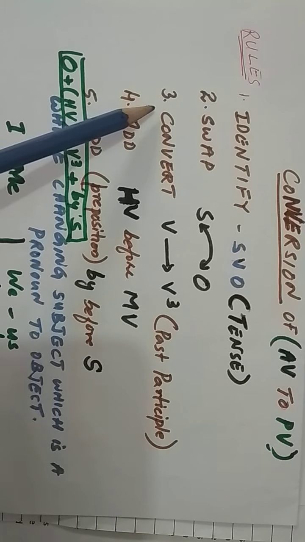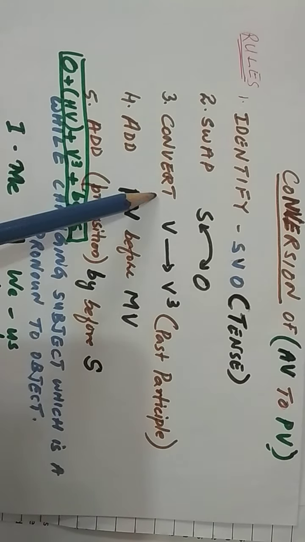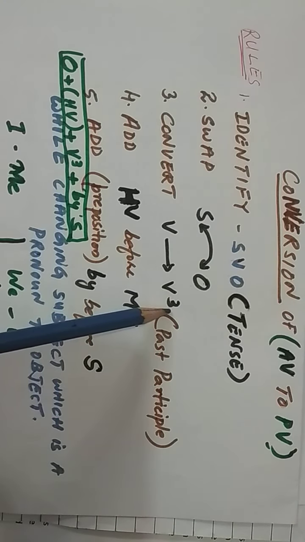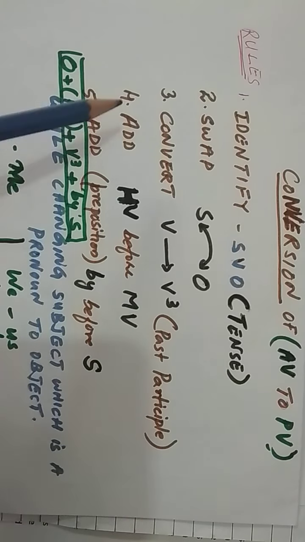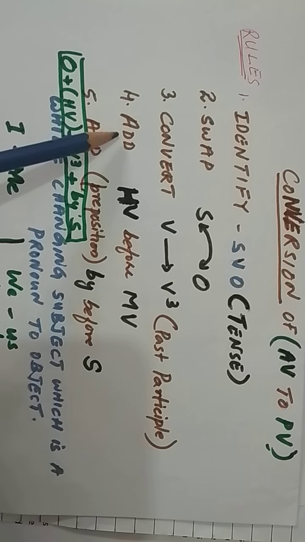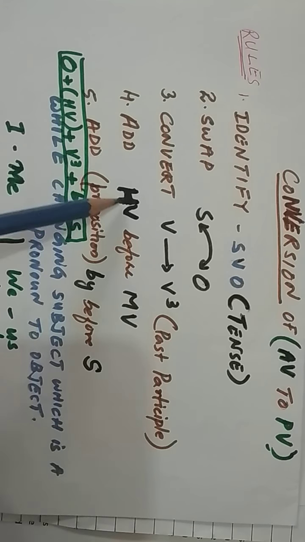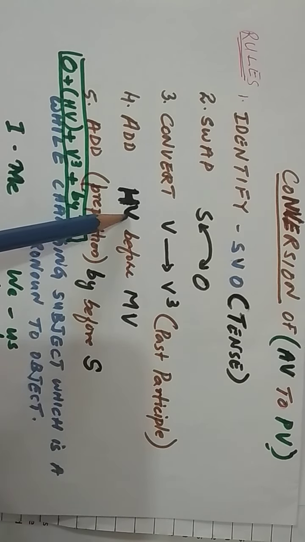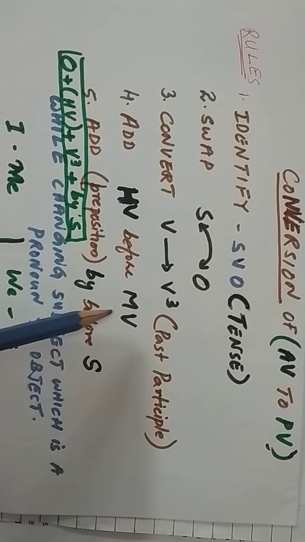The third rule would be convert the verb, any form of the verb, into the third form, that is a past participle. The fourth point, that is add the helping verb before the main verb.